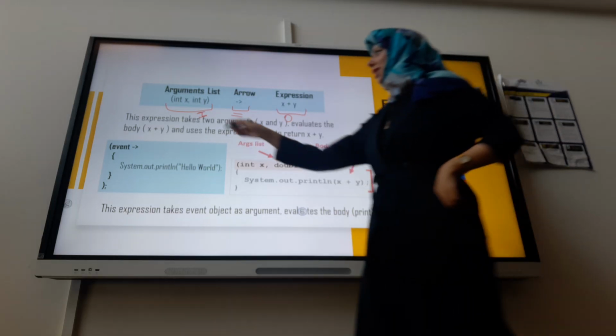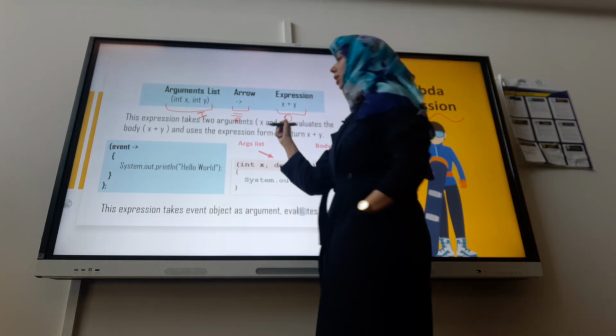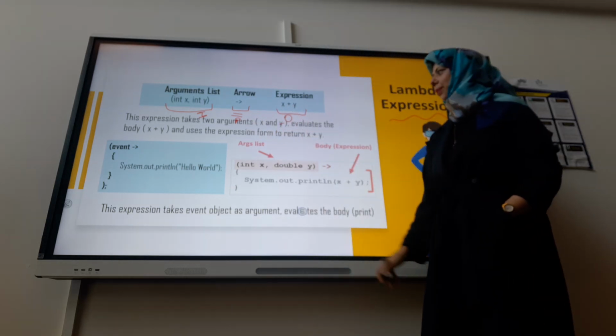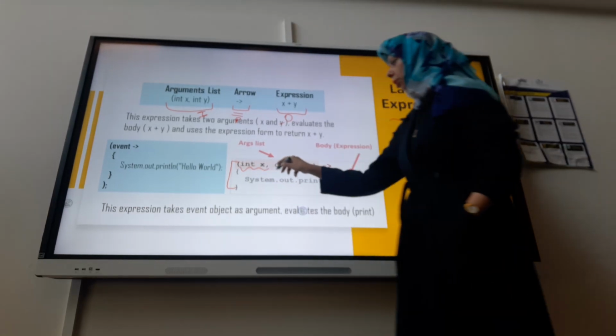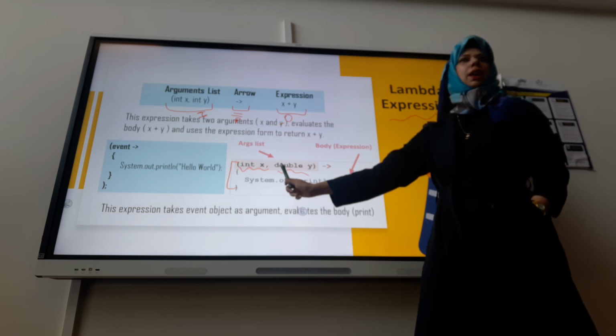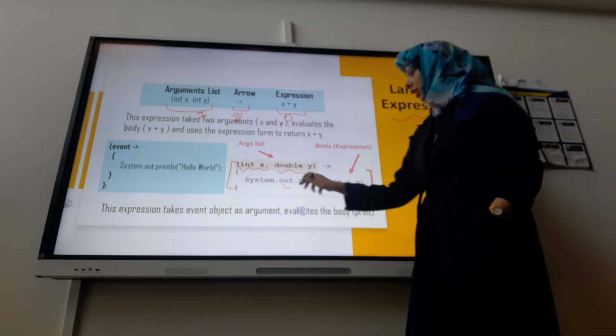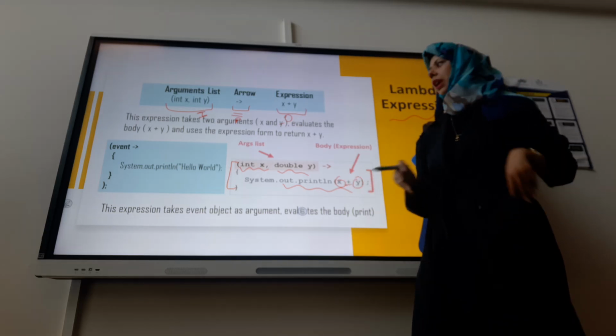So something happening with the input, processing, leads to an output. Let's assume we have a method that accepts two arguments, x and y, one an integer, the other a double, and it outputs the value of x plus the value of y.